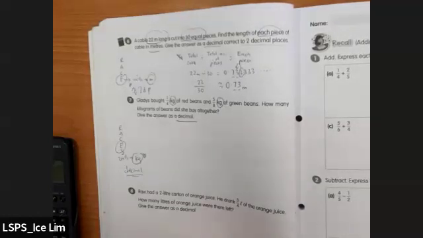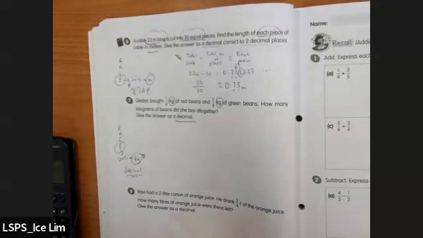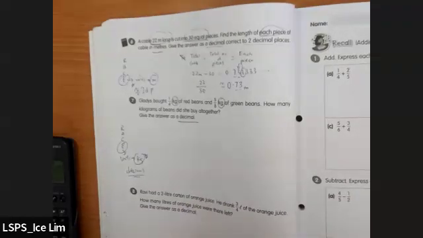Okay, I see Pranavika right there: red beans plus green beans equals the total number of beans. Then Amira, let me add you as a spotlight. So she wrote red bean plus green bean equals the answer. Anybody else want to share?